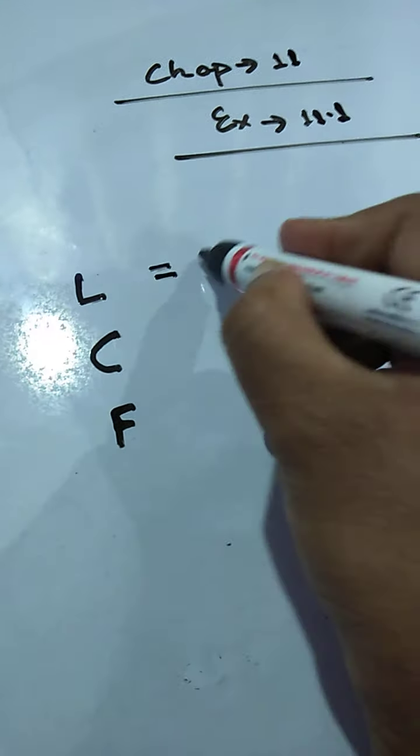So let the number of rows be n, and cadets in each row is given as 5. Therefore the rule will be 5n.